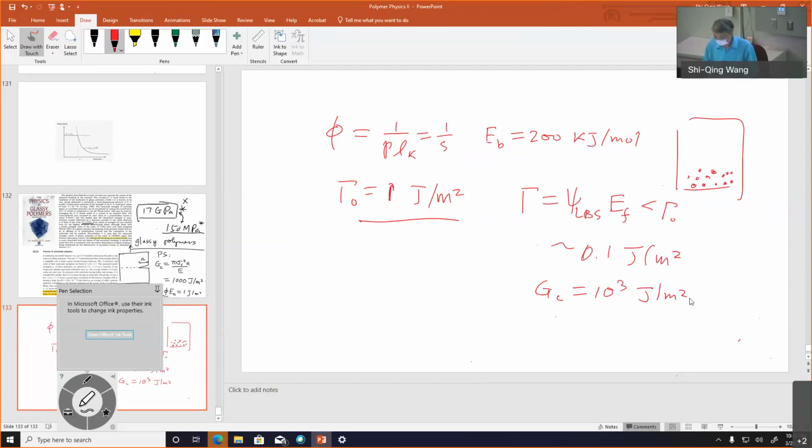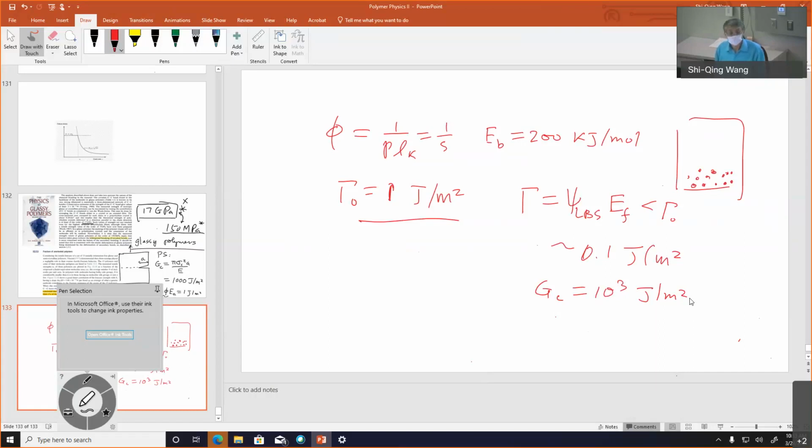Because of this 4 orders of magnitude difference. So this is fracture mechanics that I'm not going to go into any detail here. I'm merely raising the question of why we have such low mechanical strength.